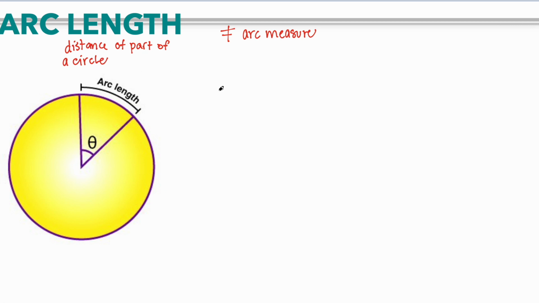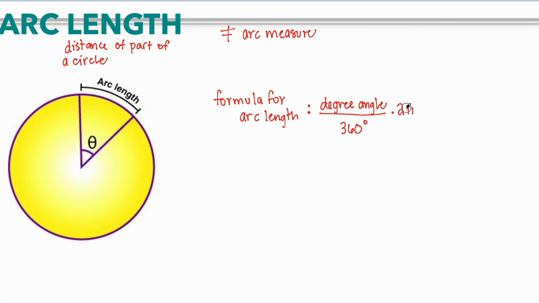The arc length formula is going to be the degree of your angle measure divided by 360 degrees, and you're going to multiply that by 2 pi r.